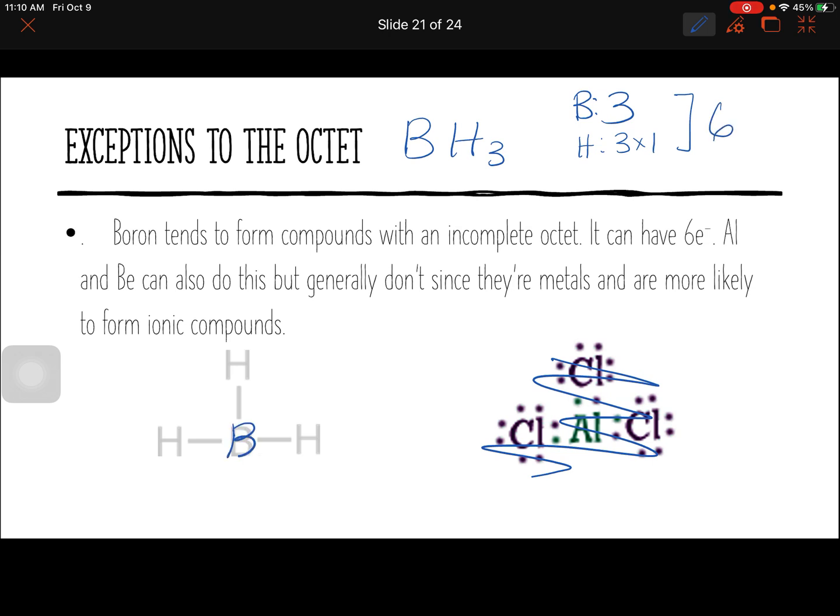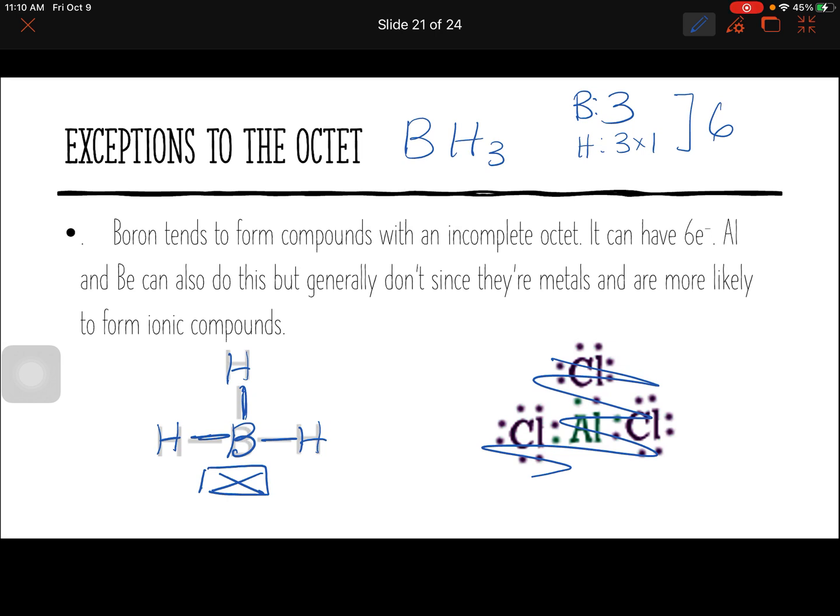So when you put it together, the boron is your center, right? Hydrogen can never be a center. And then you put your hydrogens around and you connect them each with bonds. 2, 4, 6 electrons were just drawn. We're done. You do not need to complete the octet for boron. There's no more electrons left that can go into that picture. So it is done. Okay?